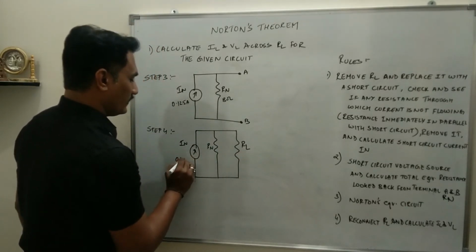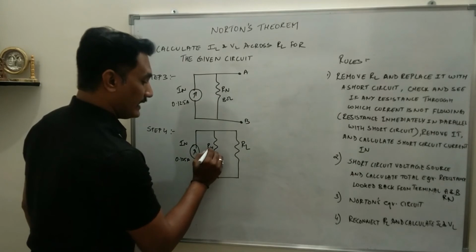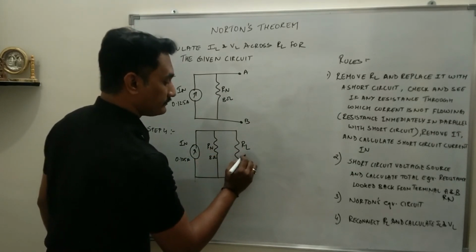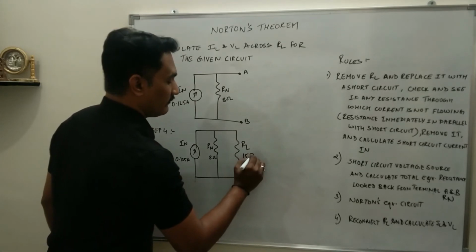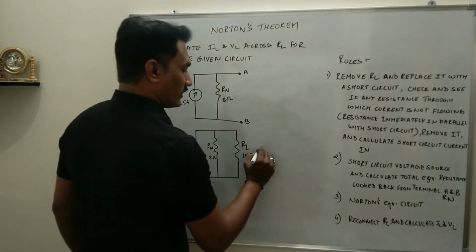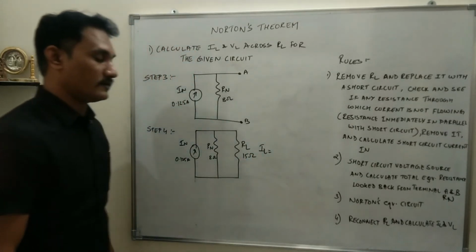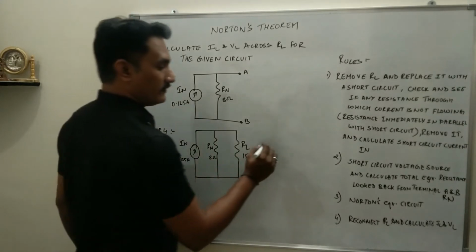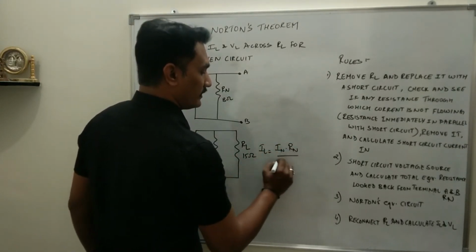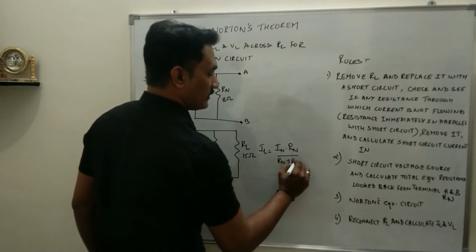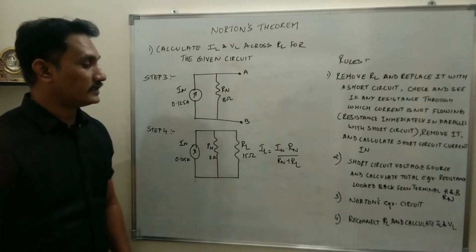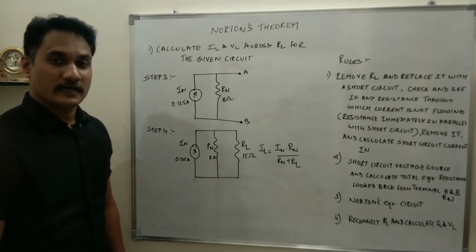In is 0.125 ampere, Rn is 8 ohms, and RL is 15 ohms. So the formula for IL will be In into Rn upon Rn plus RL. So we need to substitute the value in this formula to get the answer.